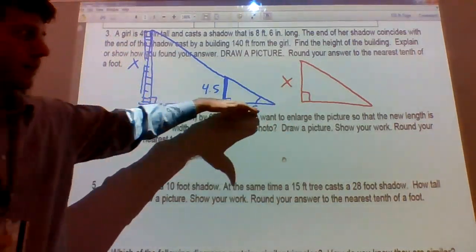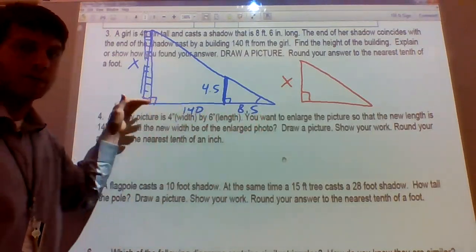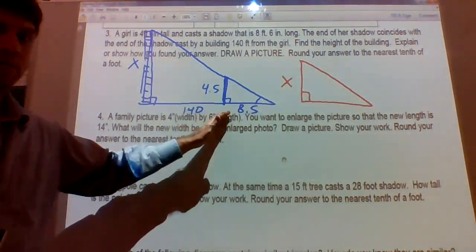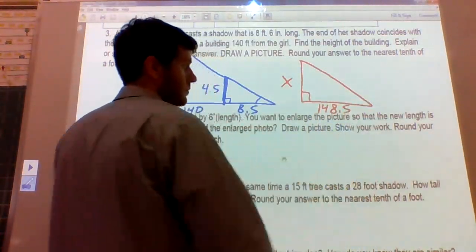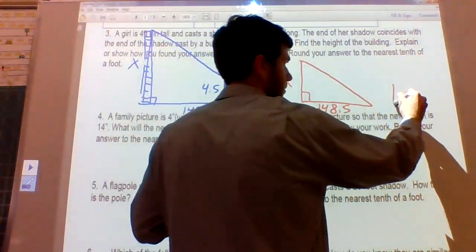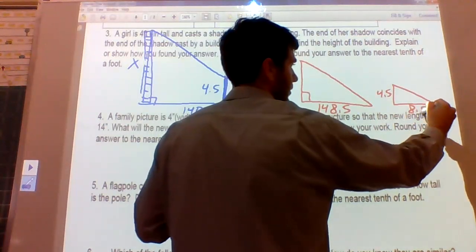The base of that one is 140 plus 8.5, which is going to be 148.5. And then we have our small triangle here, which is 4.5 and 8.5.